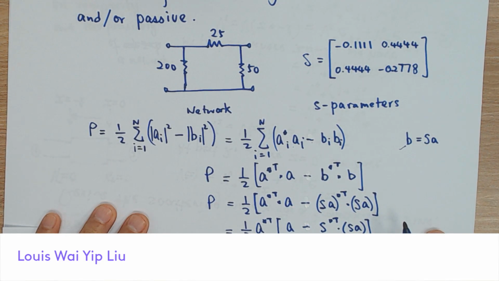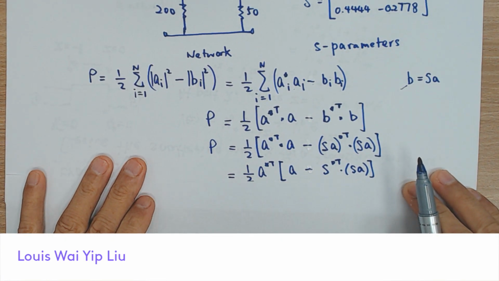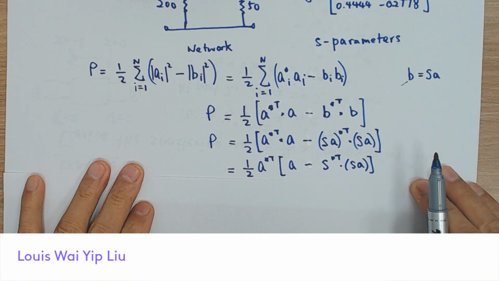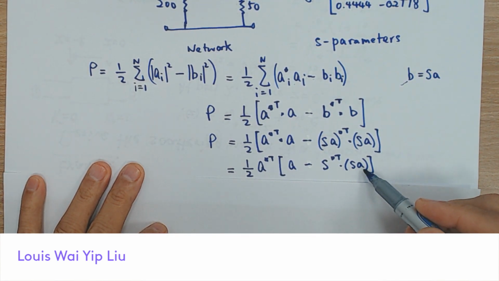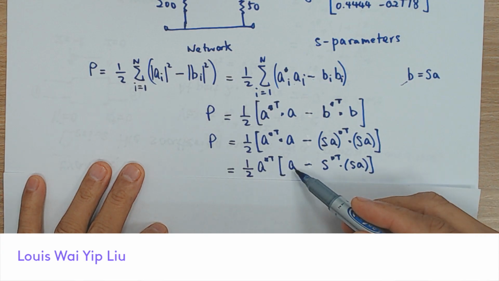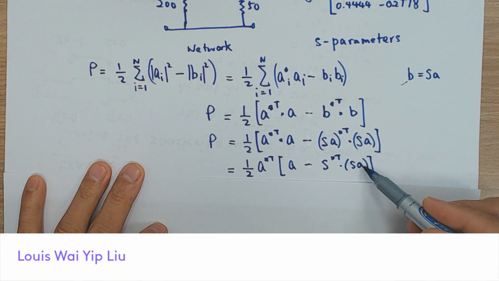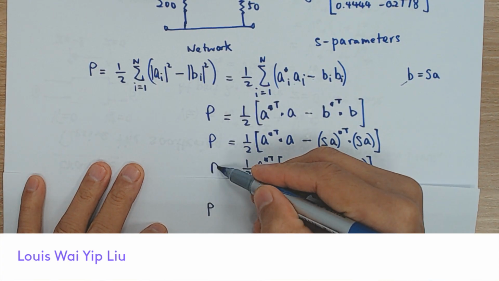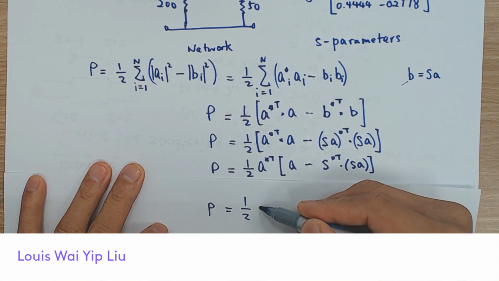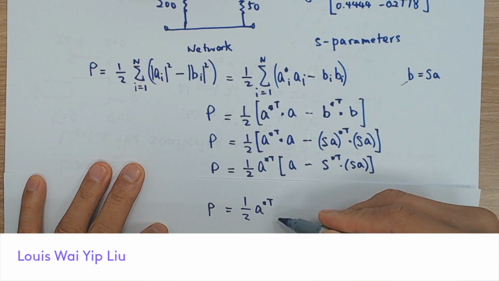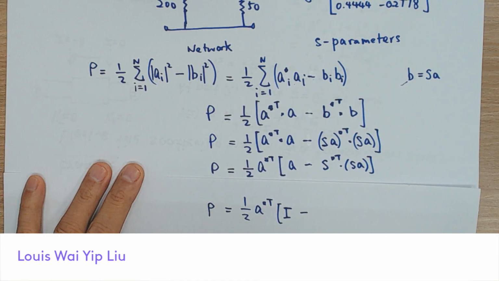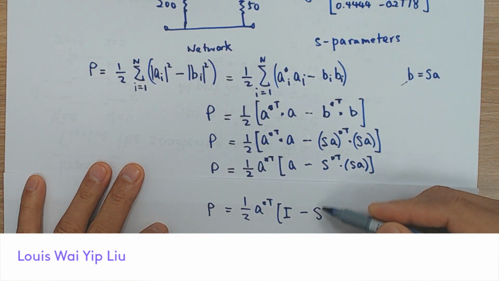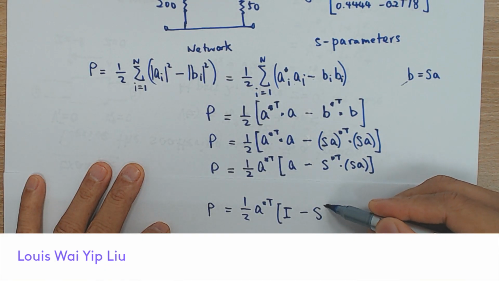Now we can further simplify this equation by taking the A matrix out of this bracket, and this becomes I, the unitary matrix.